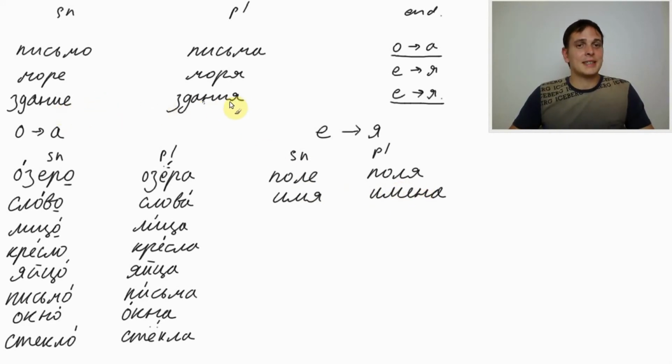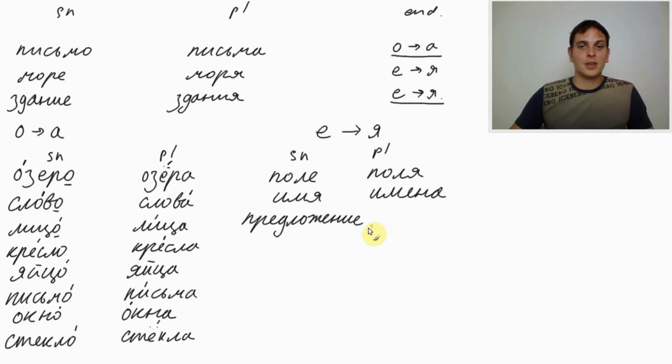Здание, здания. Building, buildings. Море, sea, моря, seas. Basically, you change «е» to «я». Предложение. Предложение is sentence or offer.